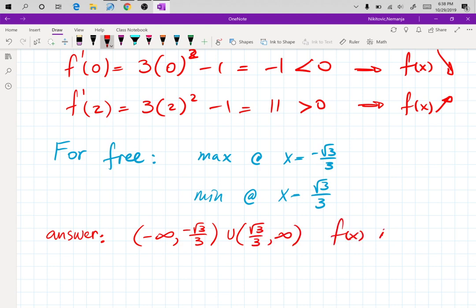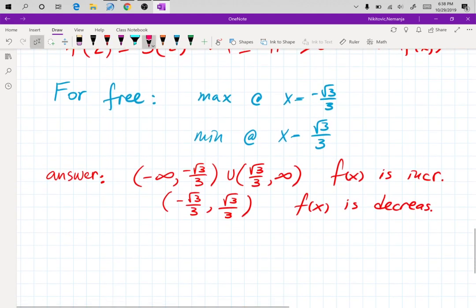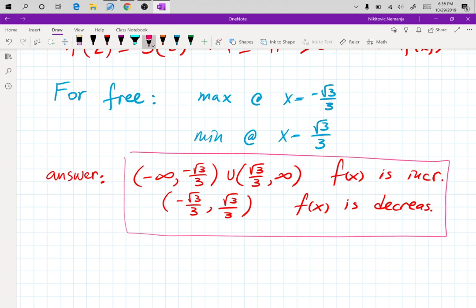F of x is increasing. And then negative root 3 over 3, comma, root 3 over 3, f of x is decreasing. This is what you provide for the full credit answer.